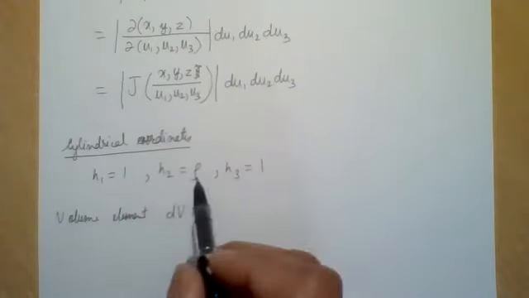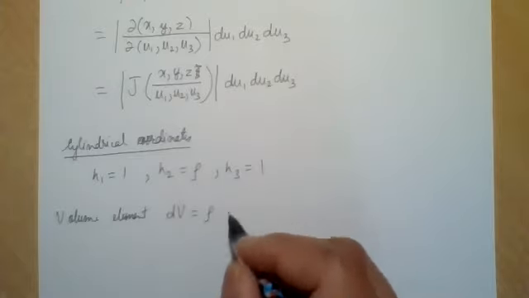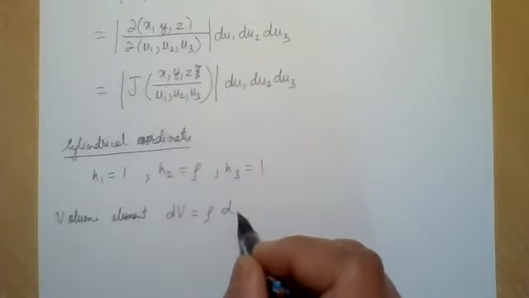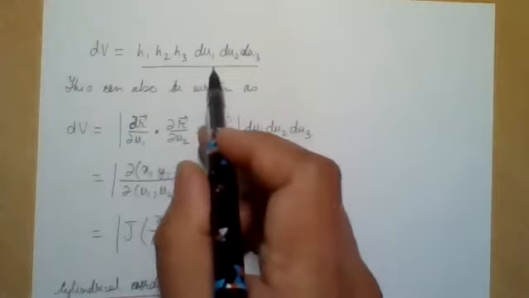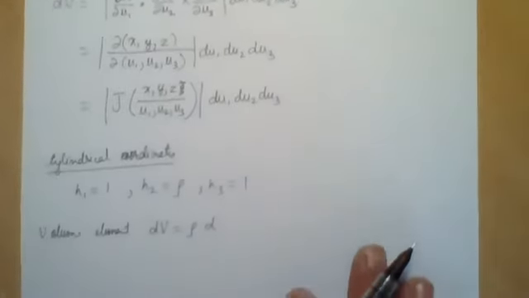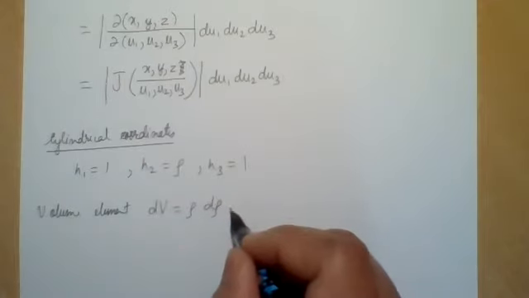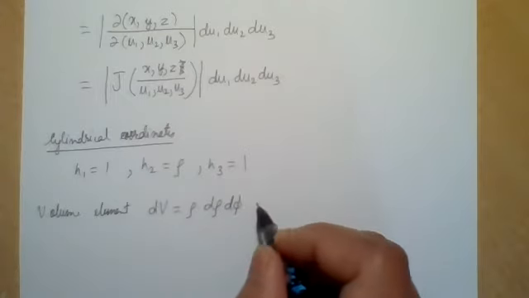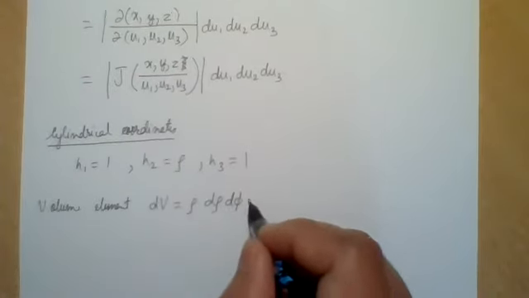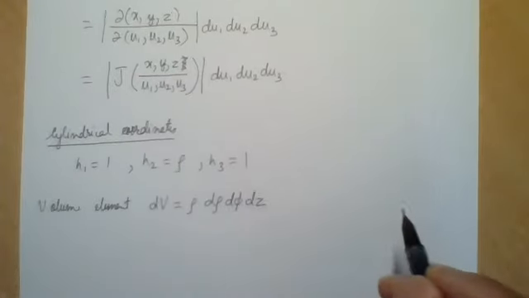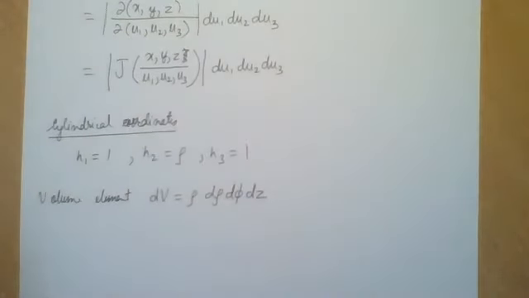So 1 times rho times 1, this is rho, times du1 du2 du3. For cylindrical coordinates, du1 is d rho, u2 is phi so this is d phi, and u3 is z so this is dz. So this is the volume element for cylindrical coordinates.